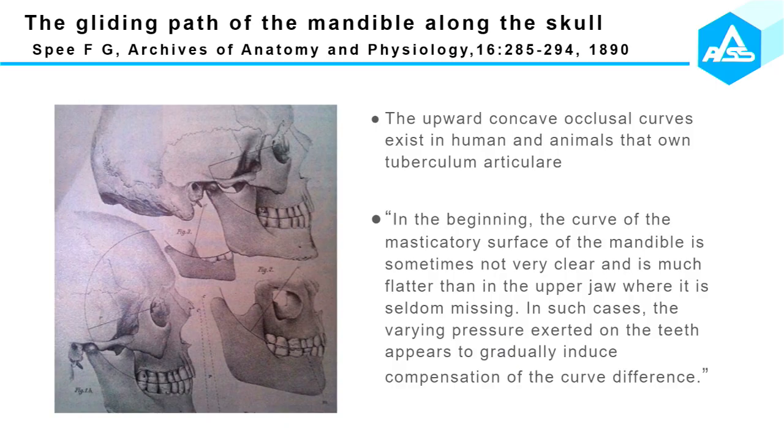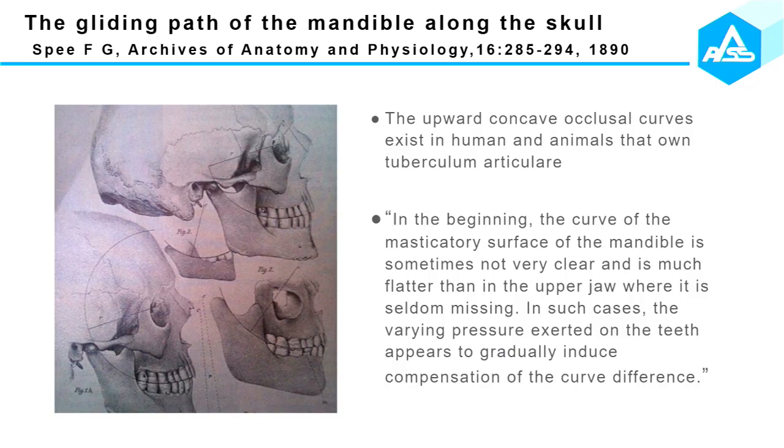Now, if you take another look, where is the curve from? You see, mandible, not very clear. Upper, seldom missing. So in the beginning, the curve is on the upper arch, right? Upper, there's a curve, and lower, almost flat.